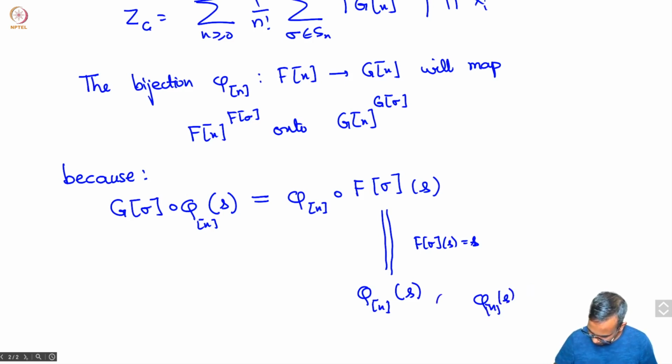So G sigma phi n of S is equal to phi n of S.